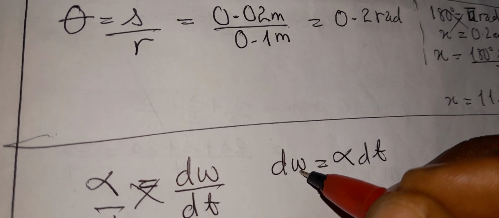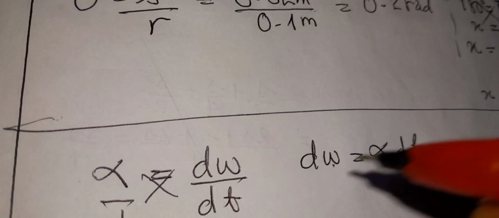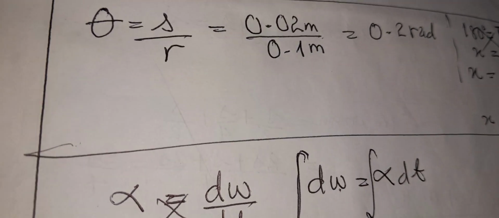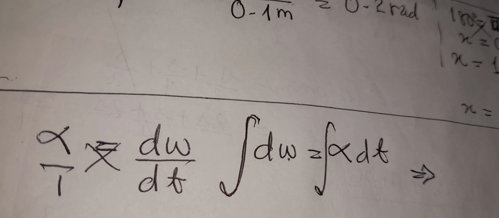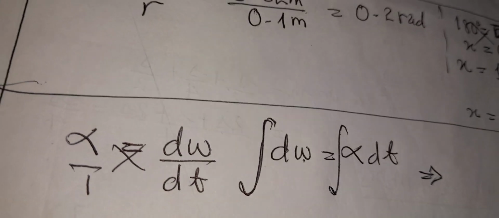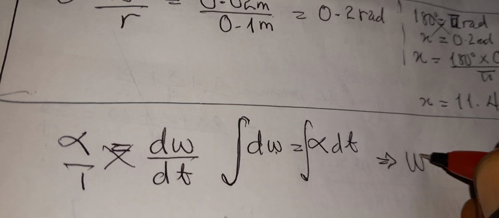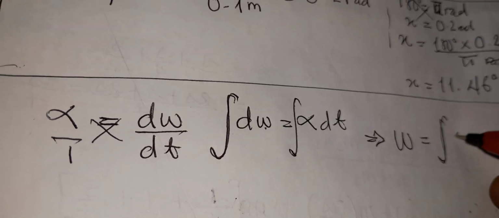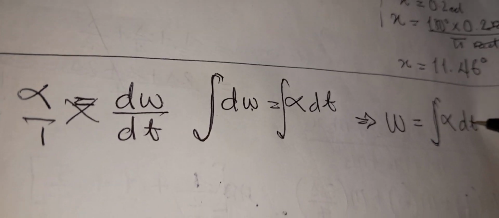angular speed. All right, to take away differentiation, what we do is we integrate. So we are going to integrate both sides, and integration is an anti-derivative, so they cancel out. So what we'll be left with is omega equals the integral of angular acceleration.